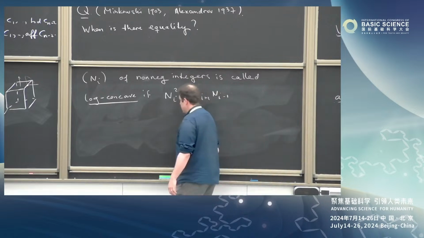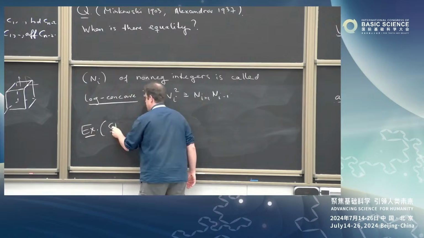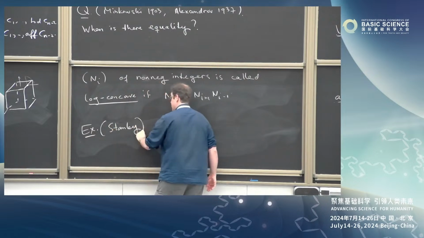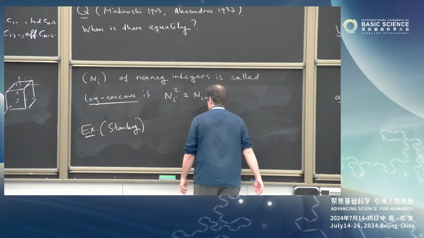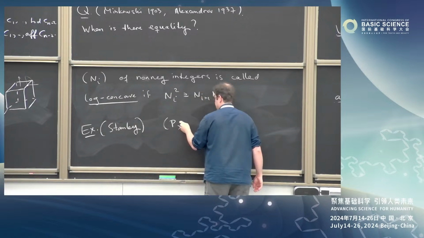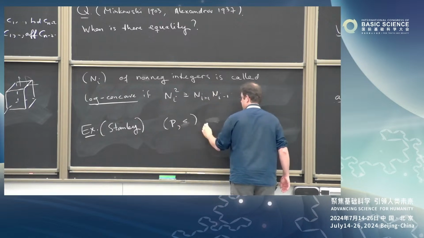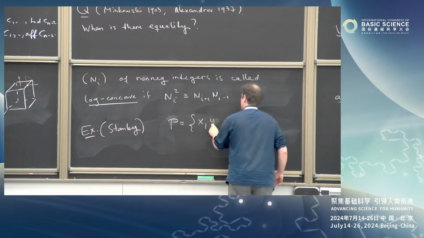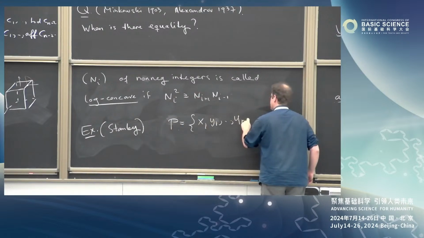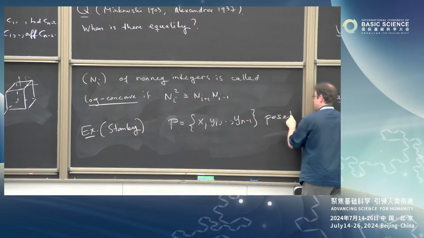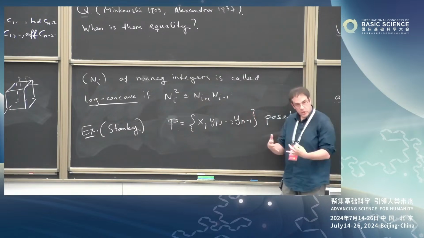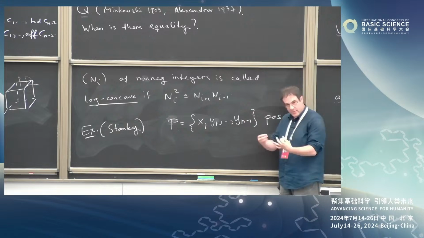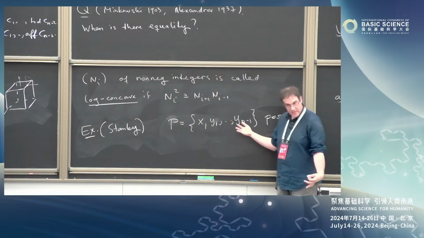Let me give an example, due to Stanley. Let P be a set of size n, an ordered set. And if I have partial order relations, to make it a complete order, in how many ways can you do it?